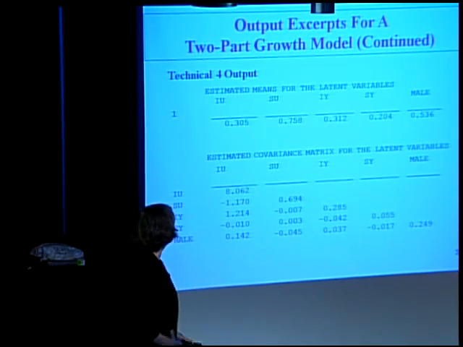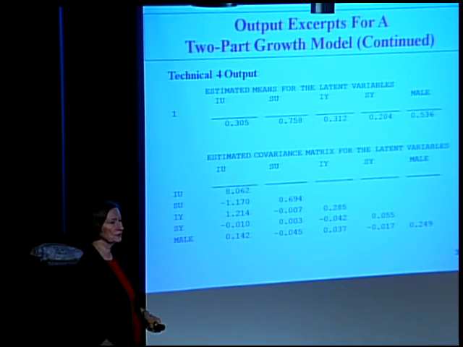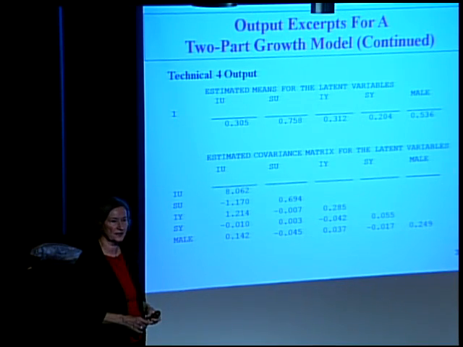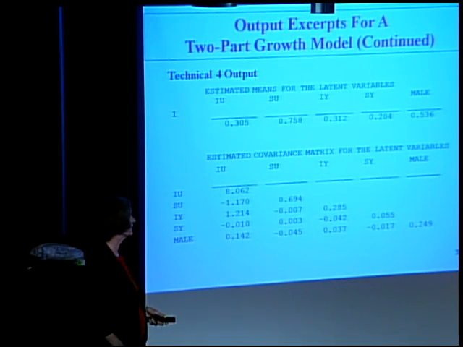If you ask for Tech 4, then you're going to get your estimated means for the 4 growth factors and your estimated variances here on the diagonal and covariances. It's good to get into the habit when you're running a conditional model, just ask for Tech 4, and then, if you want to go back and see what the model estimated means are for this conditional model, you can take a look at that.